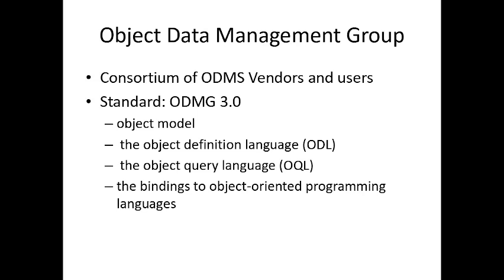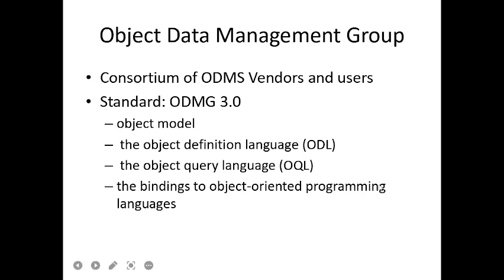So the Object Data Management Group, as I told you, is a consortium of ODB vendors and users. They proposed a standard that is known as ODMG 93 or ODMG 1.0 standard.